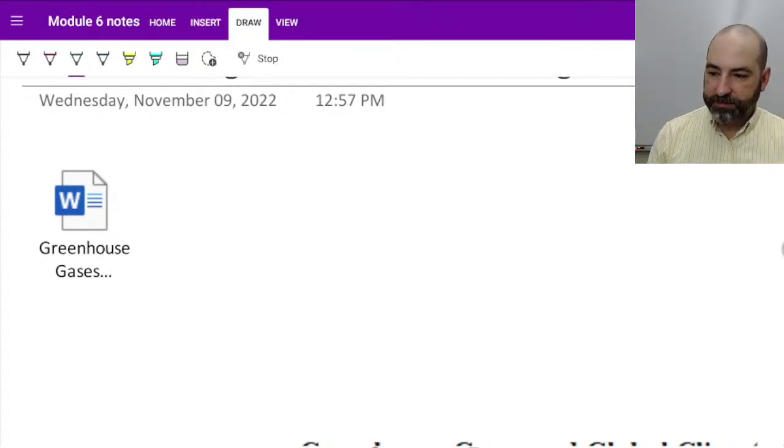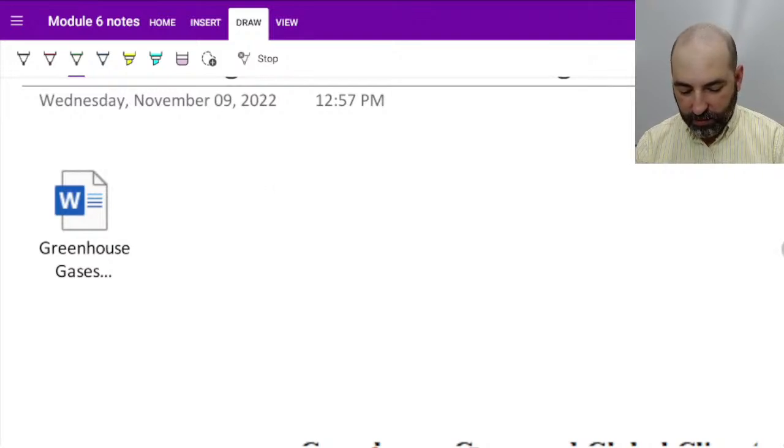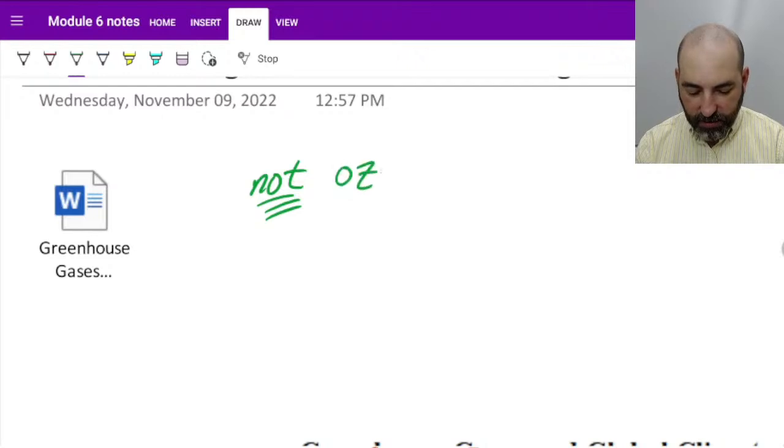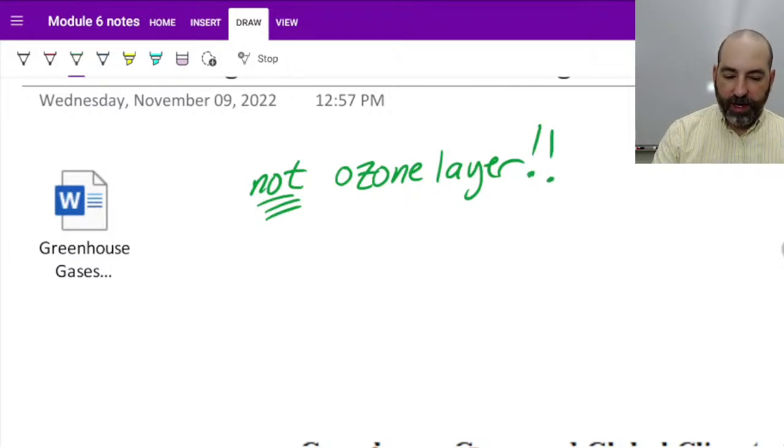So first, let's talk about something that isn't involved here. This has nothing to do with ozone. It's a common misconception, but there is something called the ozone layer.